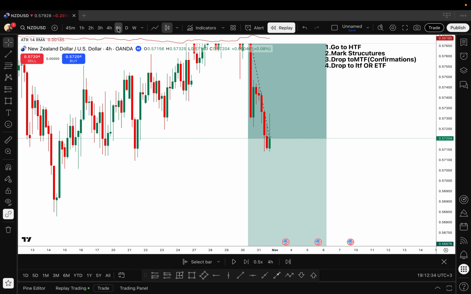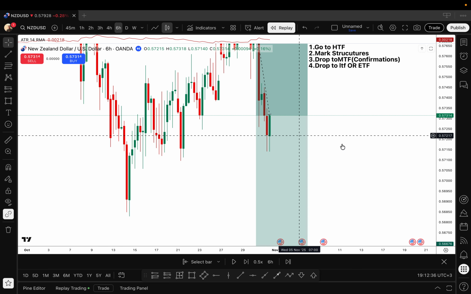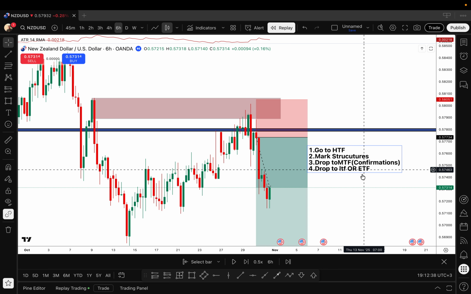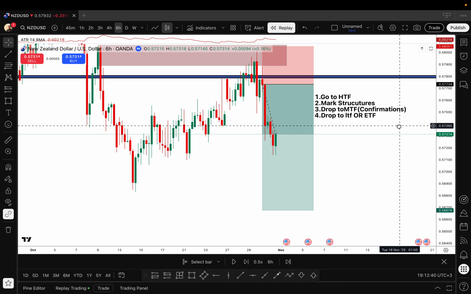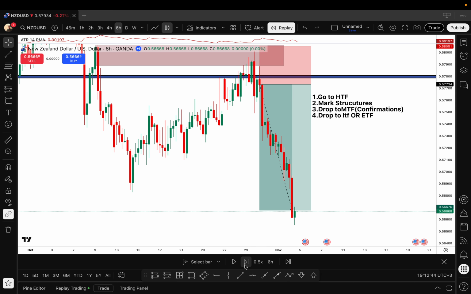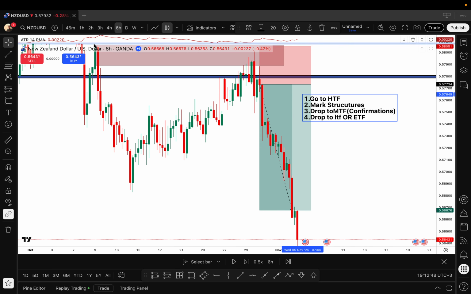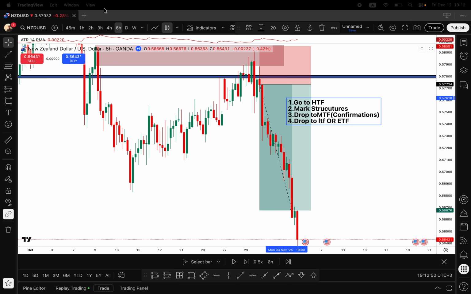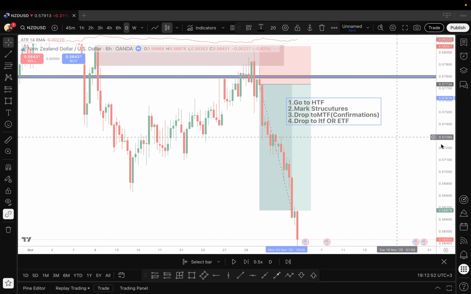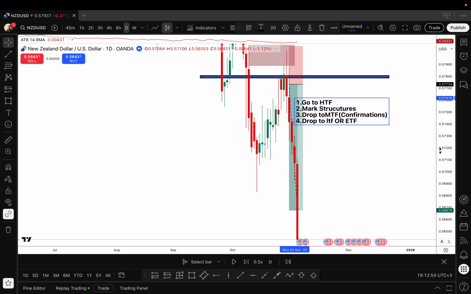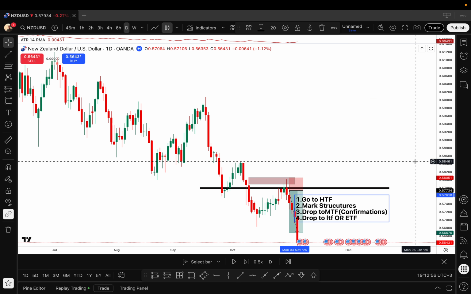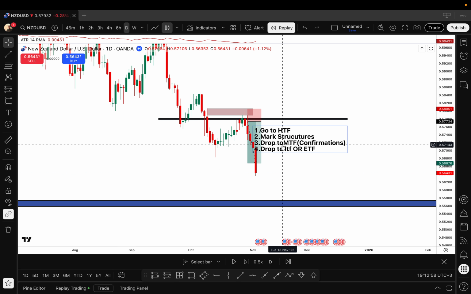Let me go to the 6 hour and see if I can track it better. 6 hour is still also there. Look at the drop, guys. Price just kept on dropping. I think let me go to the daily such that we can have a better view. Price kept on dropping because the zone was valid. The zone was valid and the sales were imminent.